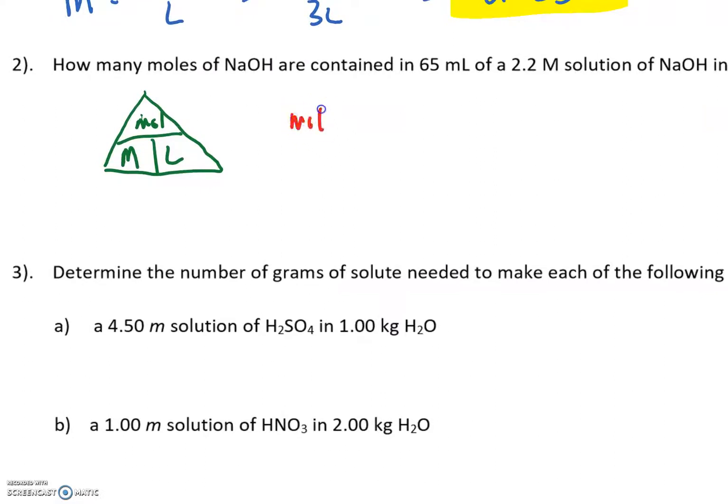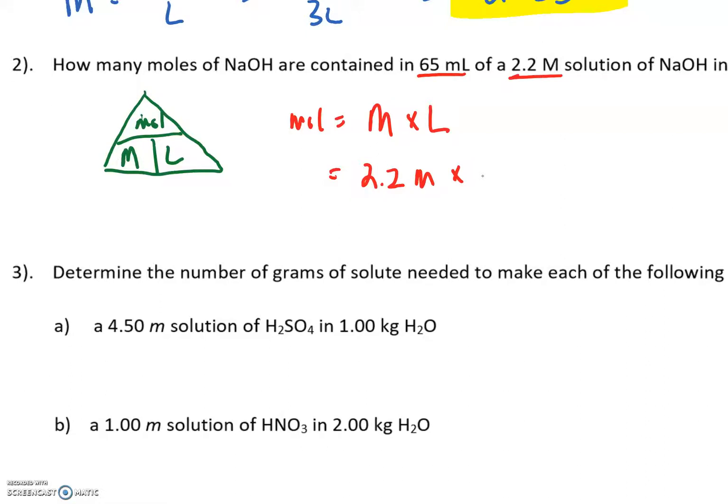We know that moles is equal to molarity times liters, right, according to our triangle. And we know 65 mils in a 2.2 molar solution. So we know the molarity, 2.2 molar. 65 mils, by now you should know how to convert from milliliters to liters simply by dividing by 1,000.